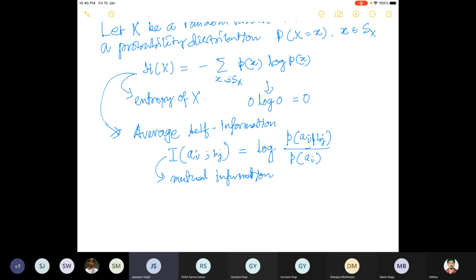No, no, entropy is not the average of uncertainty. These are not events, these are outcomes. Yes, but the self-information multiplied by their probabilities sums up to the average information. No, no, here average means expectation.